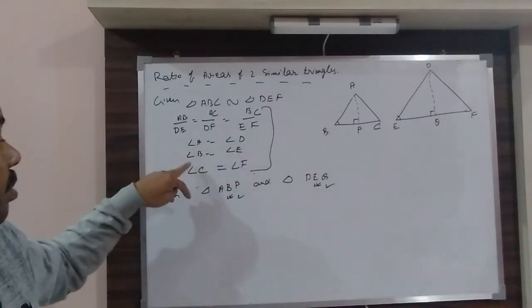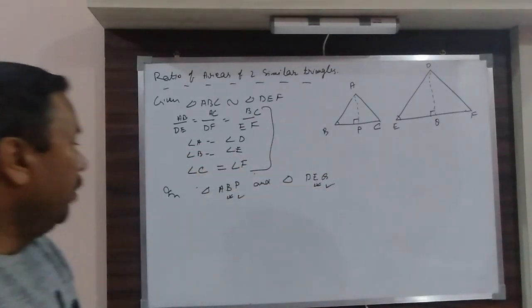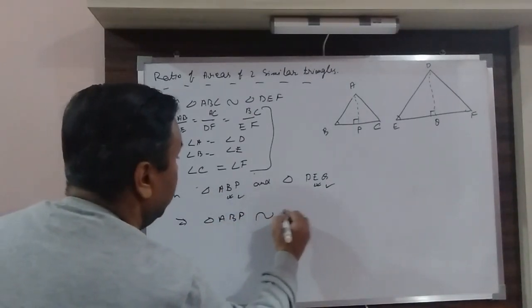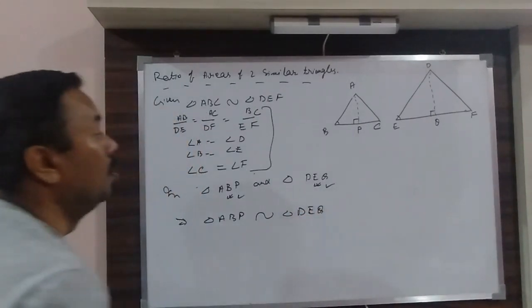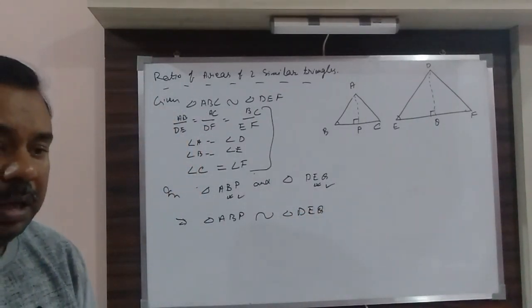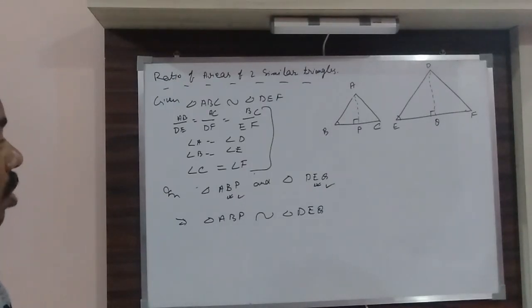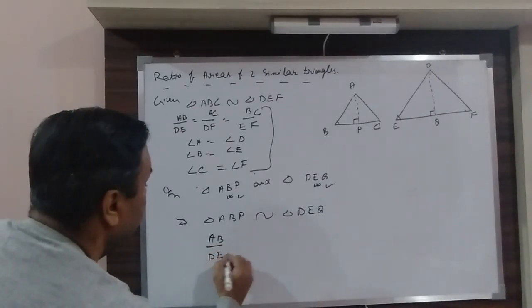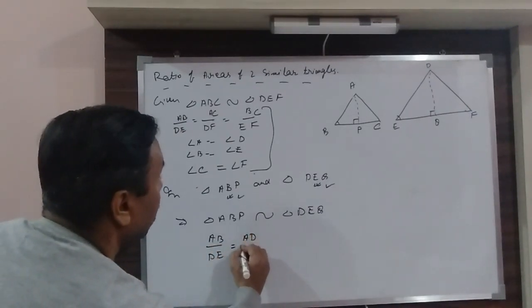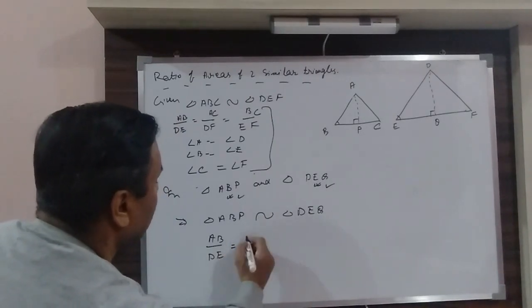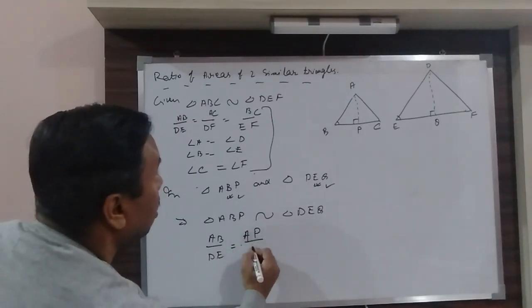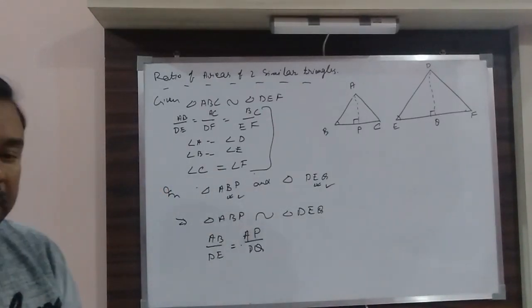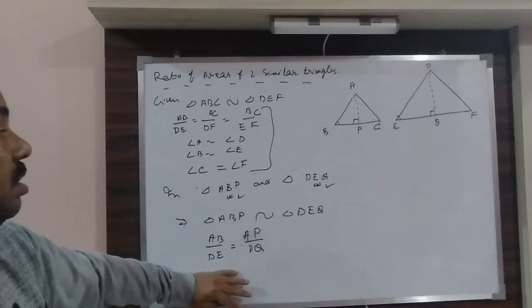If this is so, triangle ABP is similar to triangle DEQ. With that, I can say that AB over DE is equal to AP over DQ.